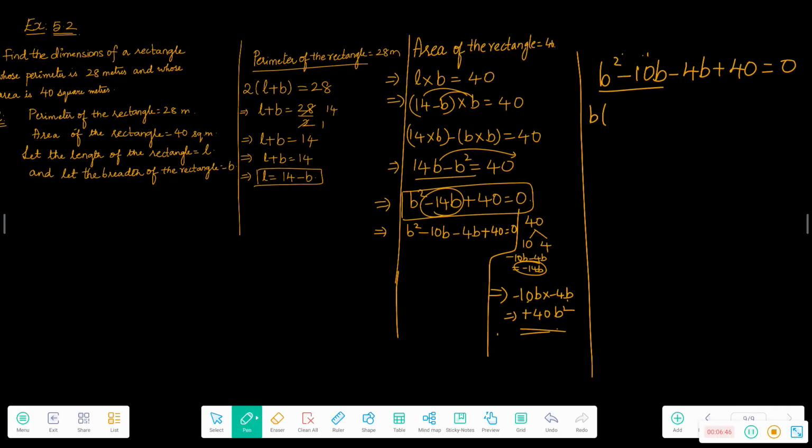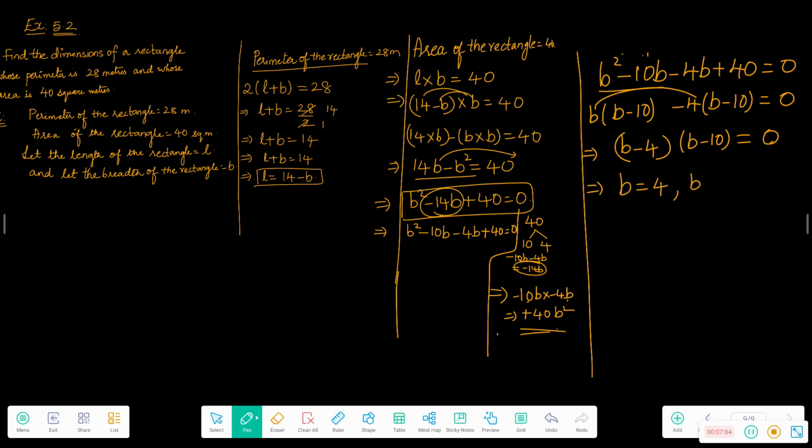Here we can take B common: B(B minus 10). Here I can take minus 4 common: minus 4(B minus 10) is equal to 0. So B minus 4 and B minus 10 are the factors. So the values of B are B equals 4 and B equals 10.